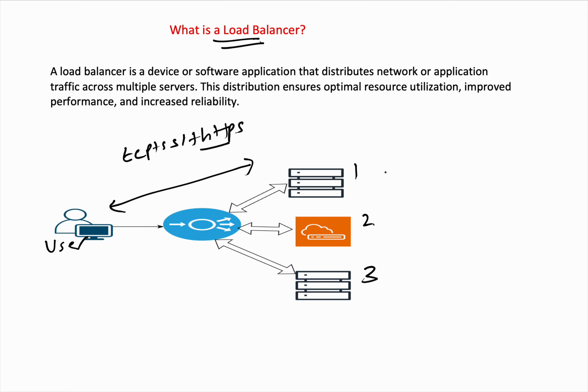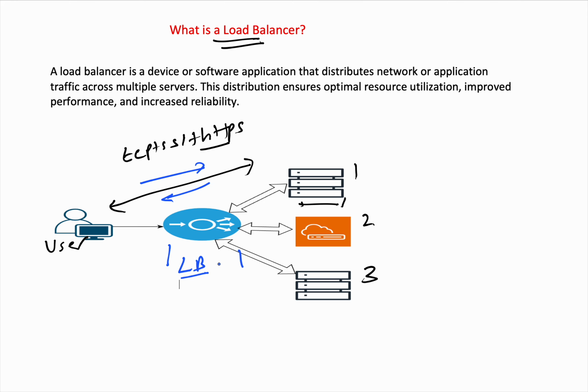Now, here what happens is you're trying to access data through server one, and it's basically flowing now. Behind the scenes, you have a device in between. It's a load balancer.